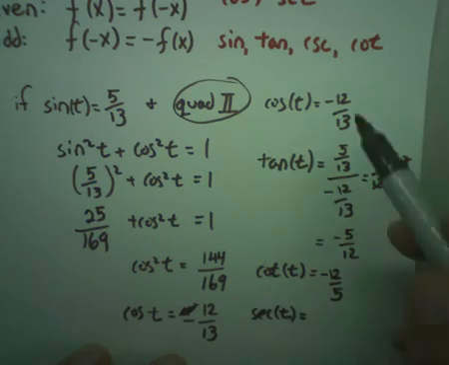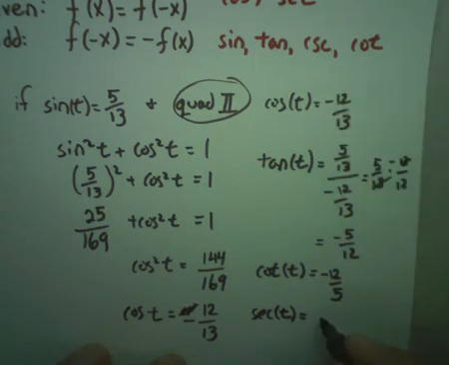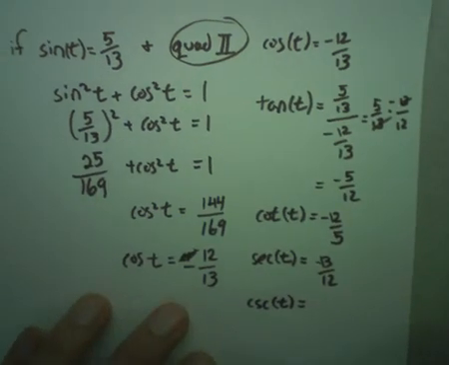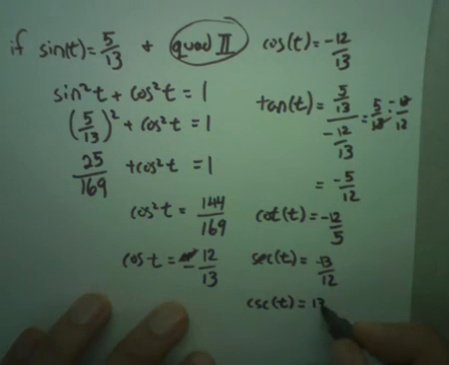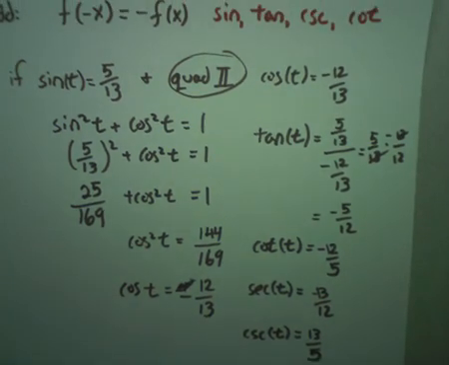So it's the flip of cosine, so I already know cosine is negative 12/13, so secant is negative 13/12. And likewise, cosecant is the flip of sine. Sorry, cut off the bottom of the screen. So 5/13 goes to 13/5. Okay, so that's just a couple examples from the homework.